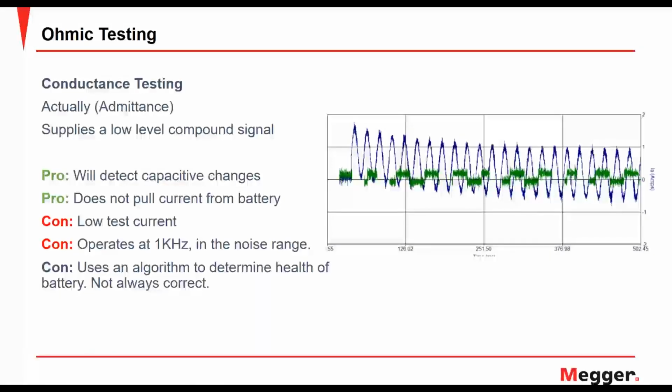So the resolution you can get out of it is limited, and it's not very good at larger cells. It's typically designed for VRLA cells since they are smaller in size. Typically this test is done at high frequency, usually 1 kilohertz.